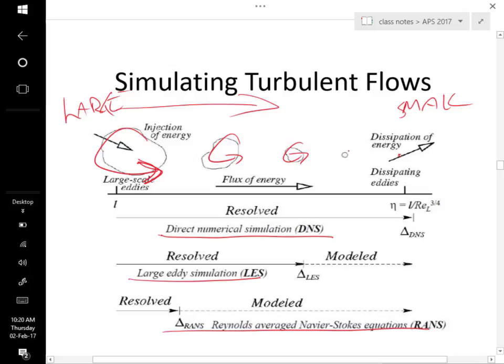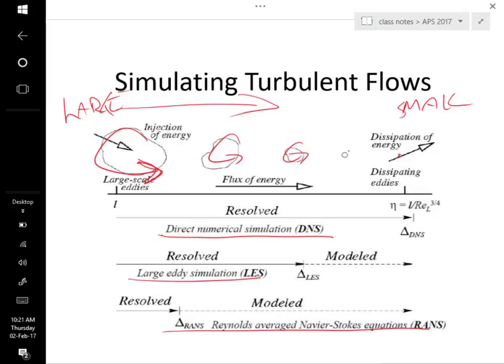So one approach for doing simulations of turbulent flows is to just go do it all. Simulate all of that stuff and get all of the gory details. And so that's probably the best way to do it. It ends up being, though, a lot of calculations, and so you can do small flows.